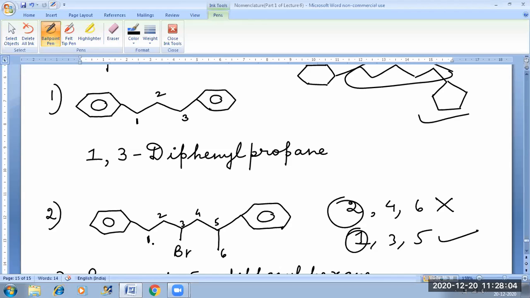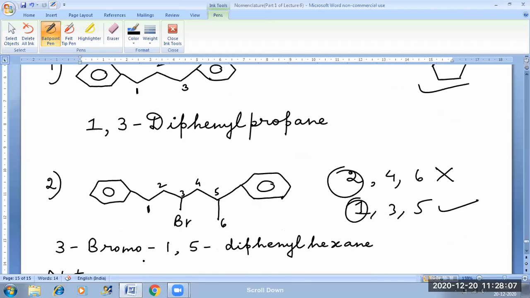So this will be the IUPAC name. At the third position, I have bromine. At the first position, I have a phenyl ring. At the fifth position, also I have a phenyl ring. So 1,5-diphenyl.